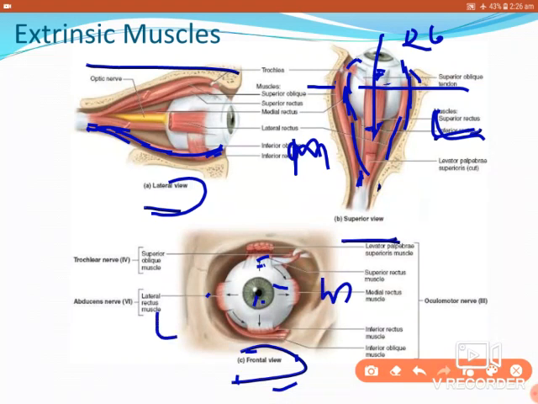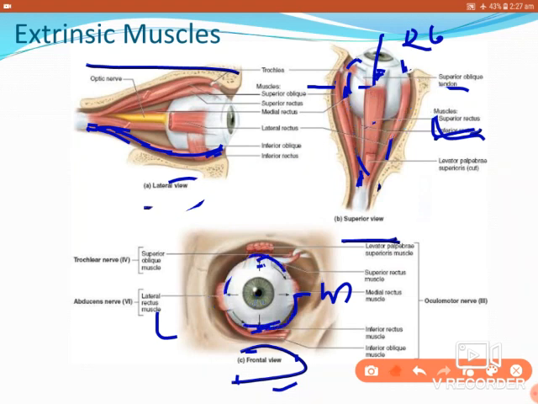This one is the medial rectus, whose attachment lies some 5 millimeters behind the sclerocorneal junction. Then the lateral rectus attachment lies 7 millimeters behind the sclerocorneal junction. The inferior rectus lies 6 millimeters behind the sclerocorneal junction, its attachment here.